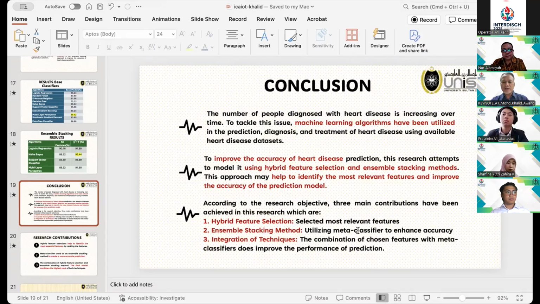We have utilized two stackings, the first layer and the second layer. And the third one is by integrating the feature selection and ensemble method, we have come out with a very good model or framework for the final prediction.